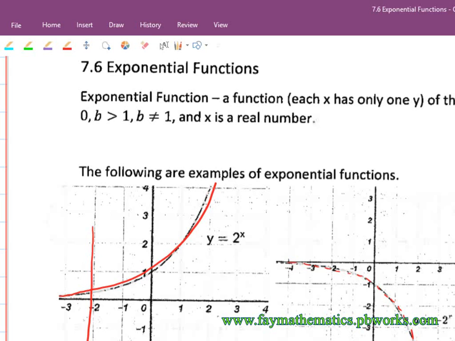But the idea is as we're moving to the right on the x-axis, your y values are going up, but they're going up much faster than if the equation was like y equals 2x. That would be something like that, but the curve is getting larger much faster.